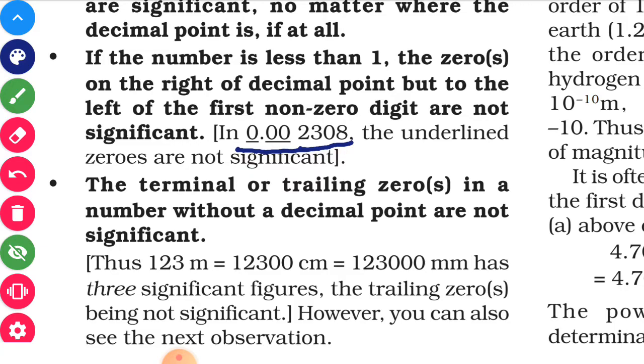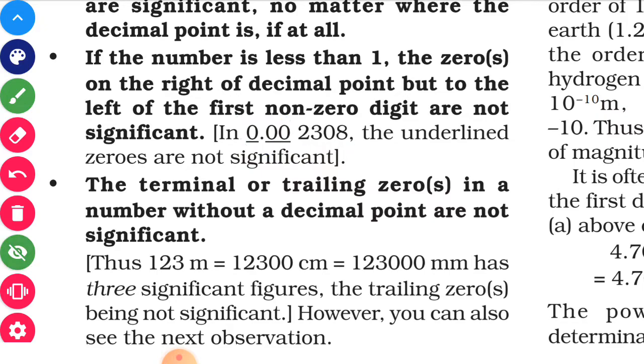These zeros before and after the decimal point are non-significant, and the numbers which are there, that is 2308, so we can say there are 4 significant figures.